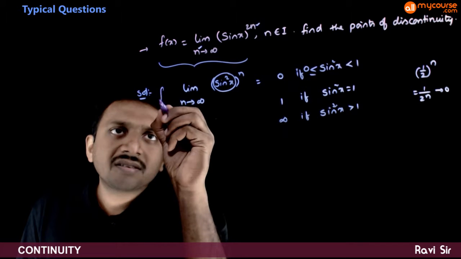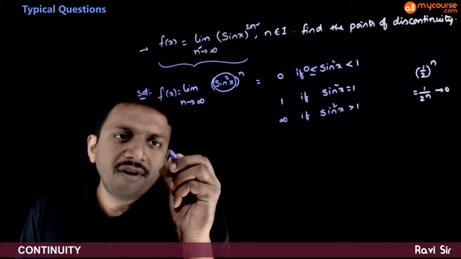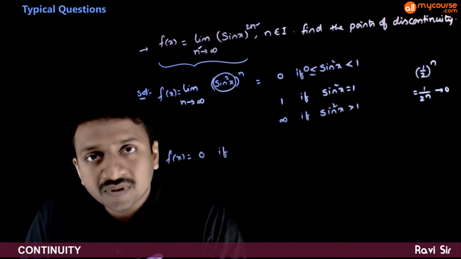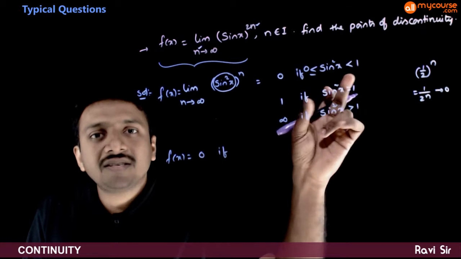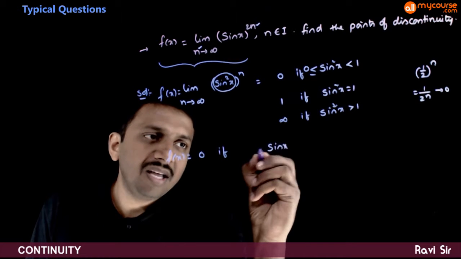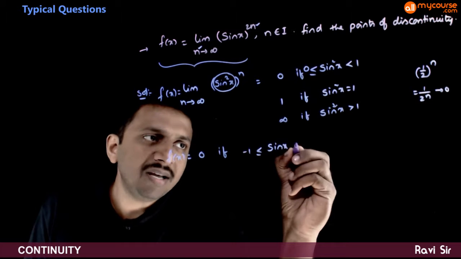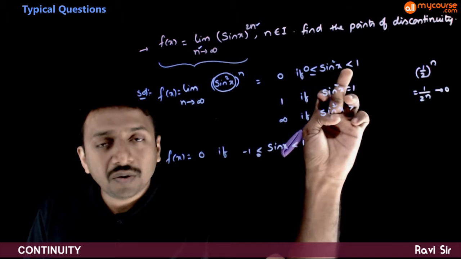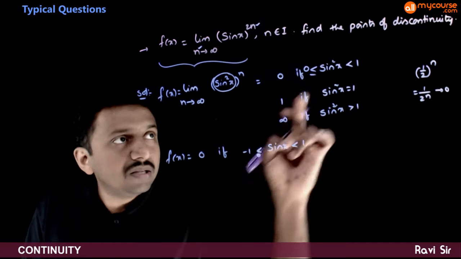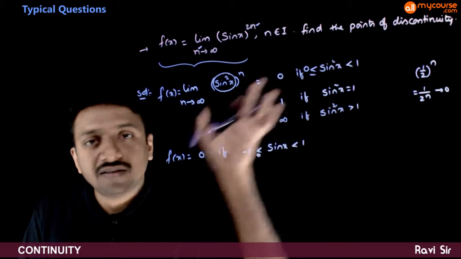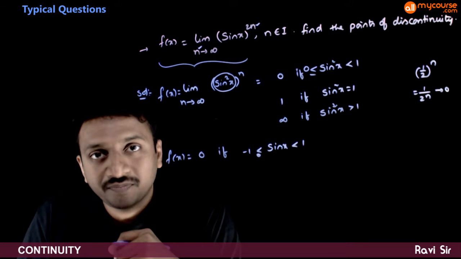So that means f of x is equal to 0 if sin square x is in between 0 and 1. That means sin x is in between -1 and +1, with no equality at 1. So as long as sin x is in between -1 and +1, sin square x is in between 0 and 1, right?